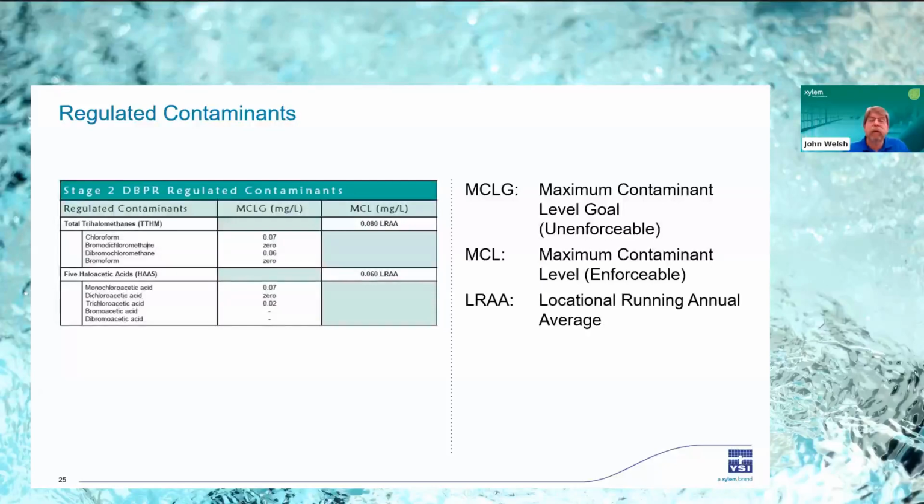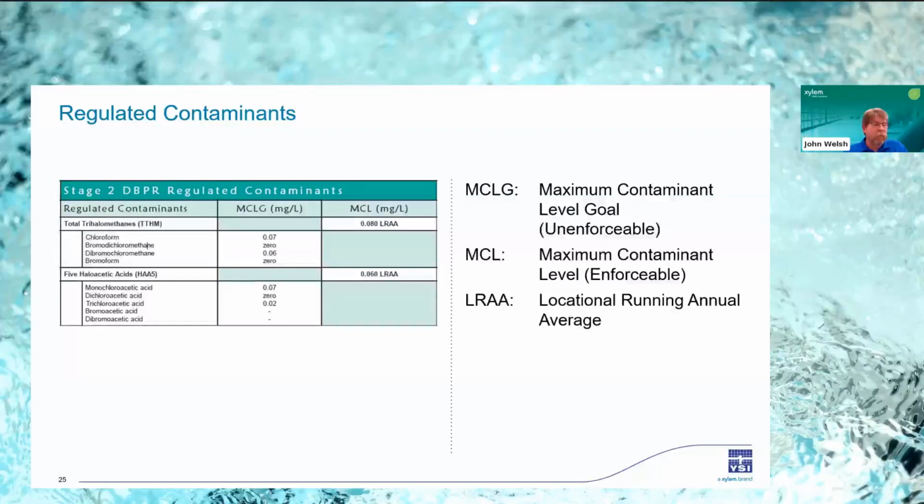However, they are a good goal to reach in process treatment as far as managing the formation of trihalomethanes. The maximum contaminant level, the MCL, is the highest level of contaminant that is allowed in drinking water based on cost-benefit analysis, and this one is enforceable.